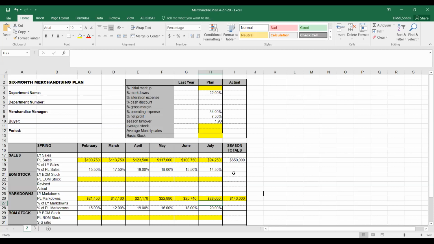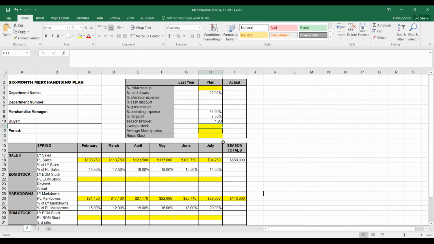Okay, so as we discussed in class, remember we have to do this with the basic stock method. These are the three things which we will need before we start calculating the BOM stock using the basic stock method.